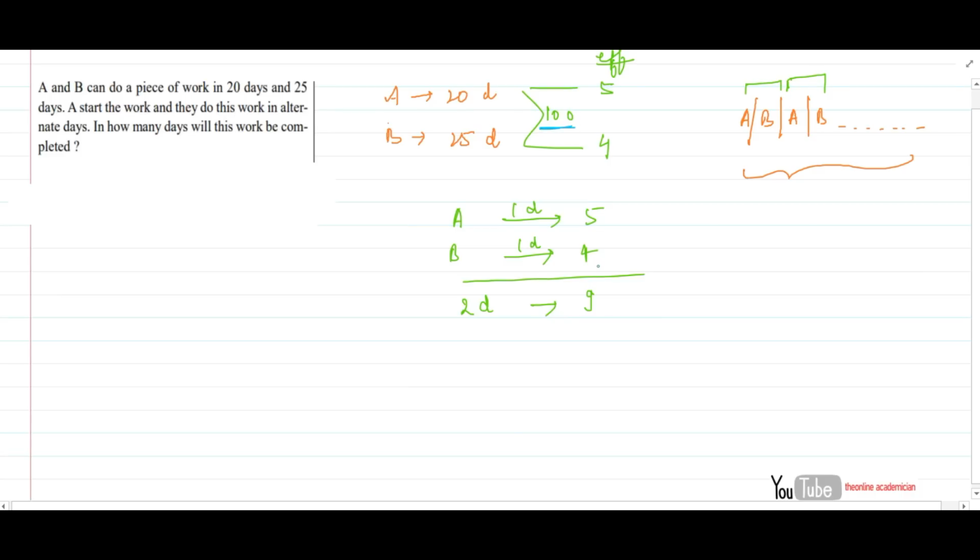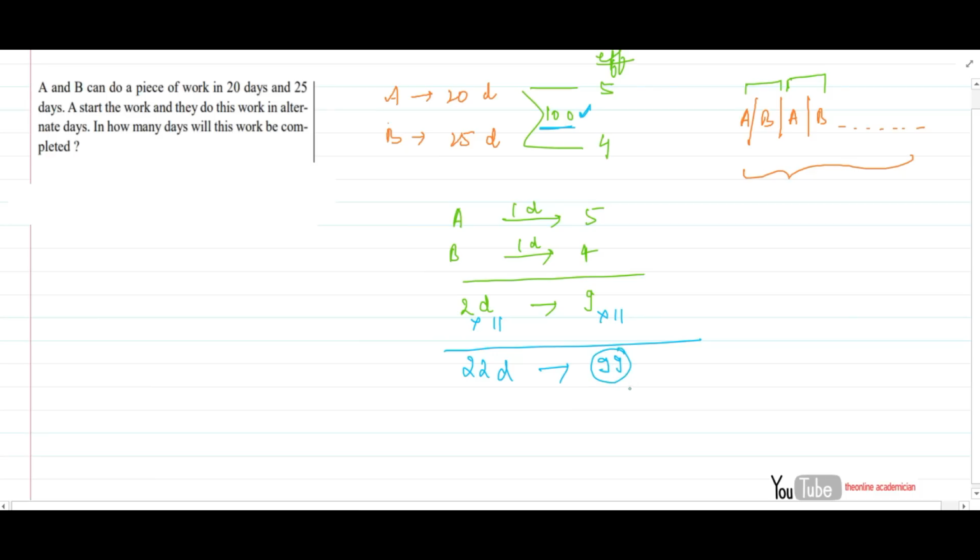So what is the closest we can get with the help of 9? What should be multiplied with 9 so that it is near 100? If you multiply by 11, in 22 days 99 units of work have been finished.